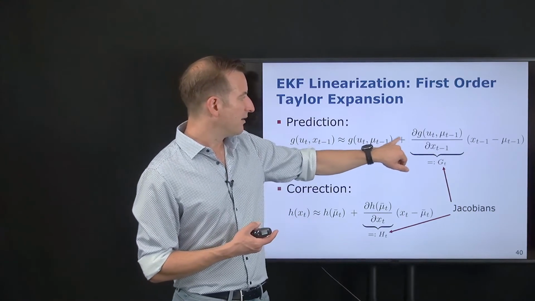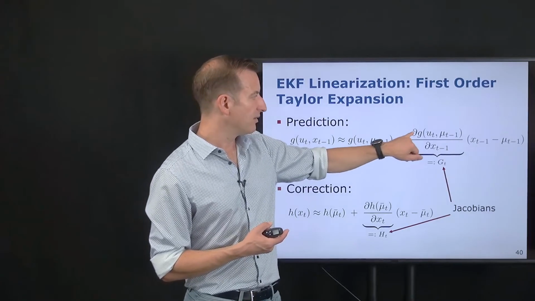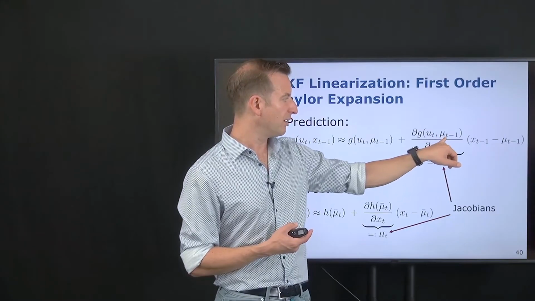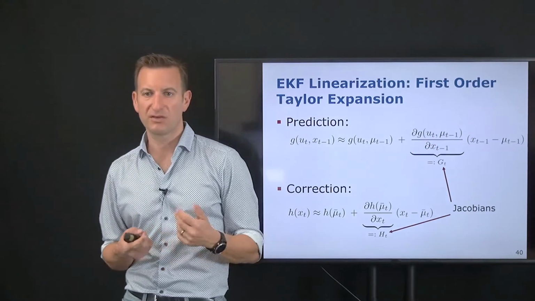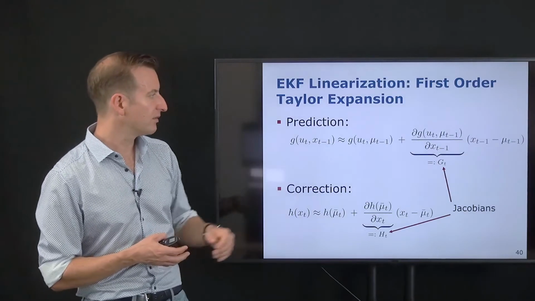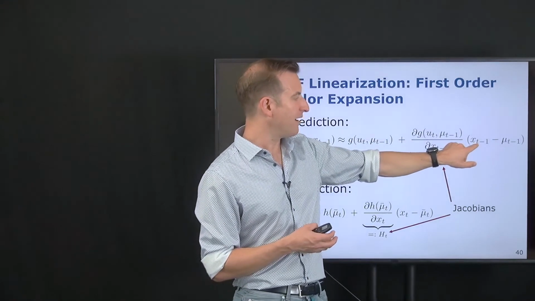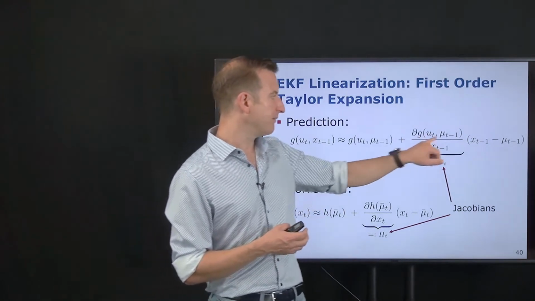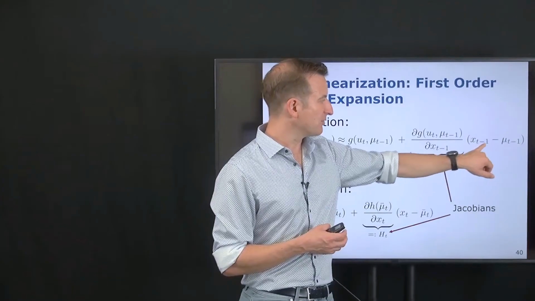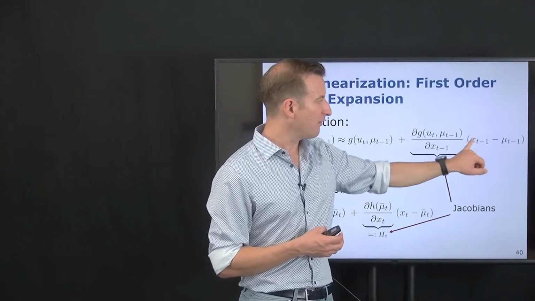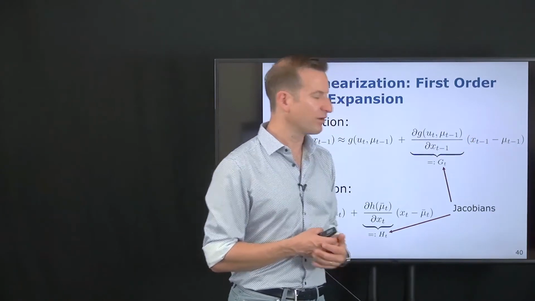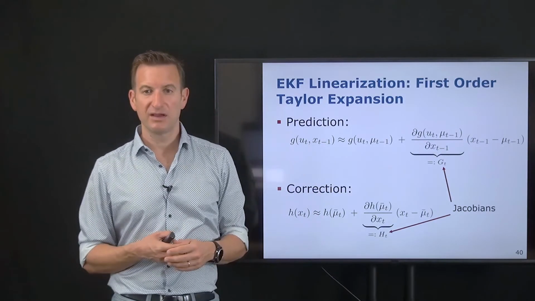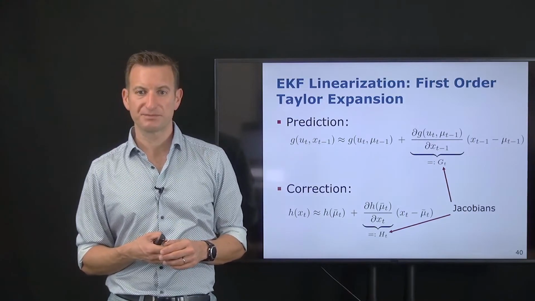Then we add to that the Jacobian, the first derivative of this function with respect to our state x, times how far I am away from my linearization point. If you see this as my variable x, then how far am I away with my variable x from my mean. This is a linearization of my prediction step.